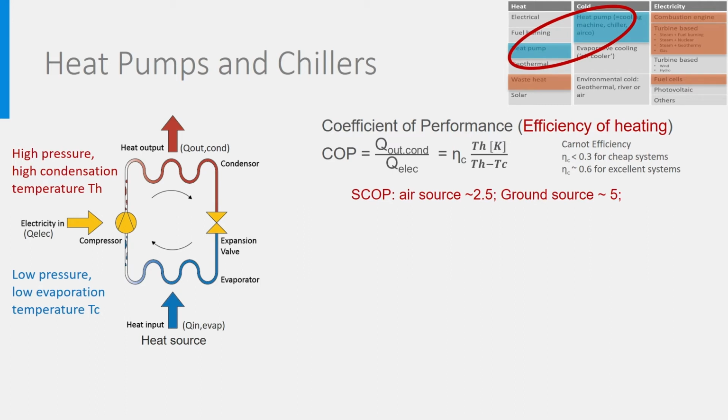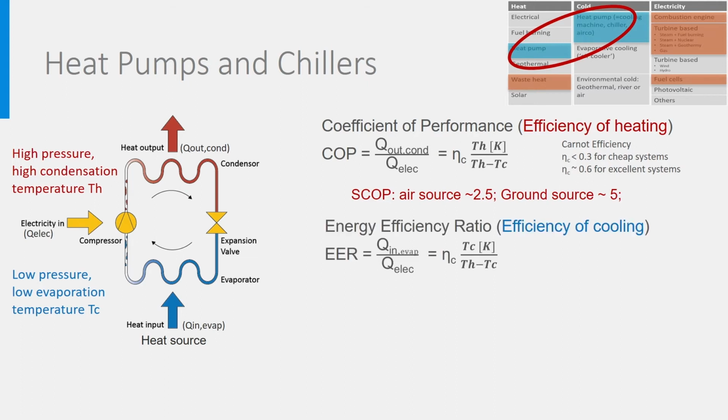The efficiency of a chiller is called the energy efficiency ratio, EER, or sometimes cooling COP. It is defined as being the heat removed from the environment, Q in evap, divided by the electrical input to the compressor. The heat removed from the environment is the cold that is created in your fridge or in an air-conditioned room.